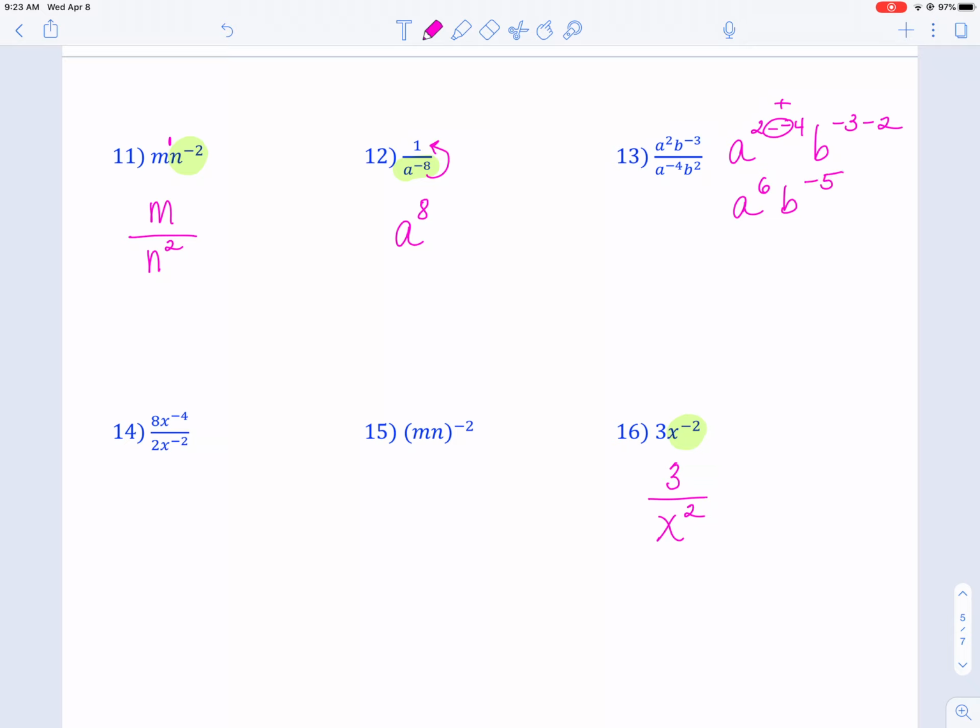That's not going to be an acceptable answer. A to the 6th, b to the negative 5th, you don't want this b to the negative 5th to be a negative exponent. A to the 6th is going to stay. But what am I going to do? I'm going to drop my b to the negative 5th power down to the denominator, and it automatically becomes positive.